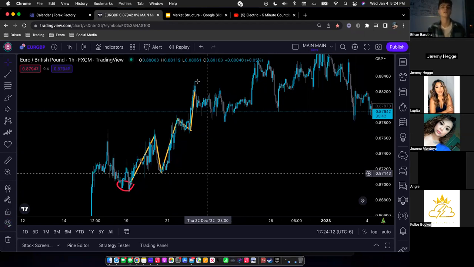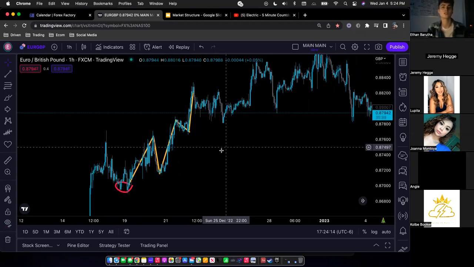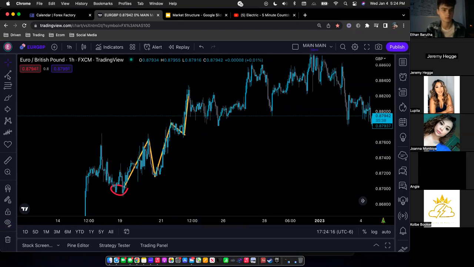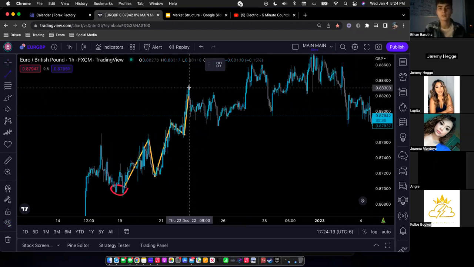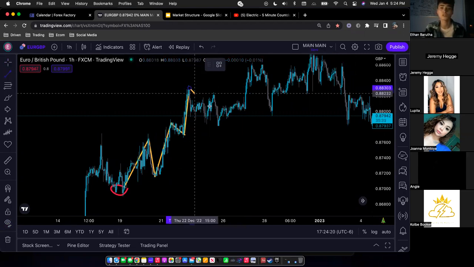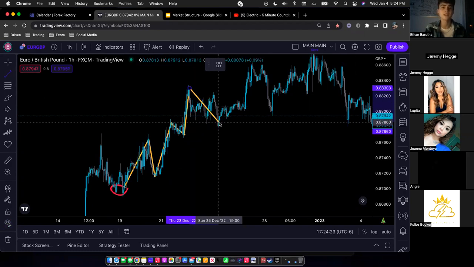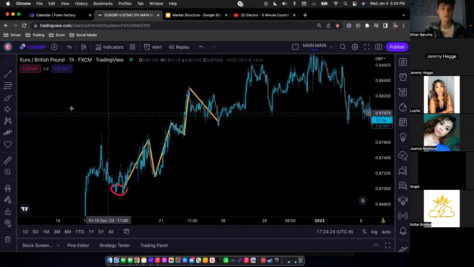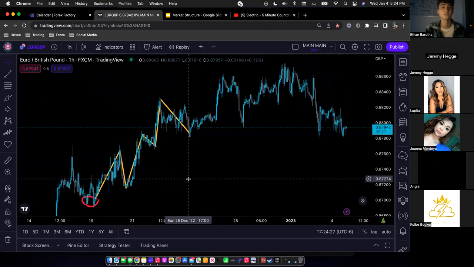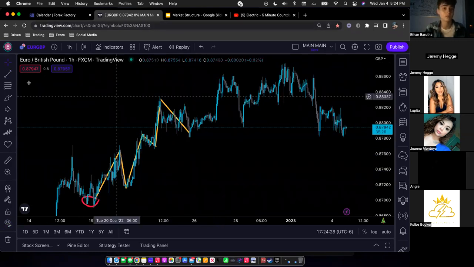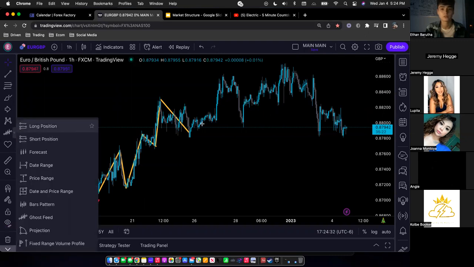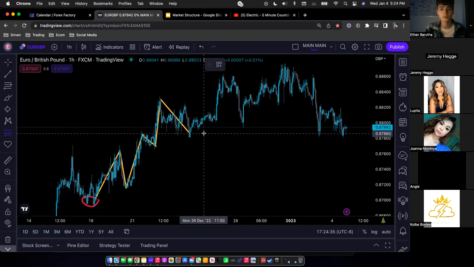Now you know that you can wait until market, and this is pretty crazy, you can wait till market comes back, retraces, makes a higher low, and then you know what you can do? Since we buy off higher lows, you can now take a trade off of this. So we can put your entry right here.